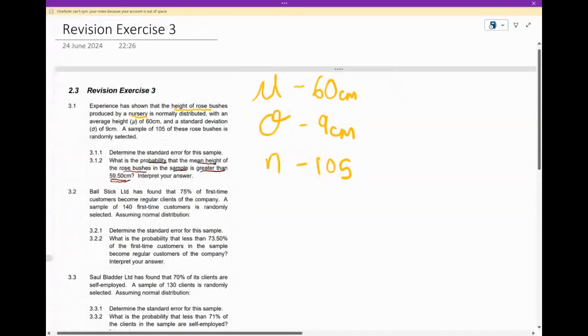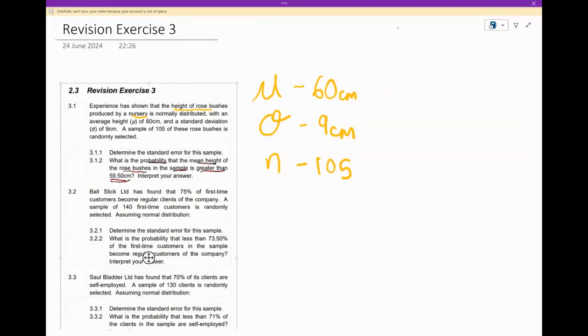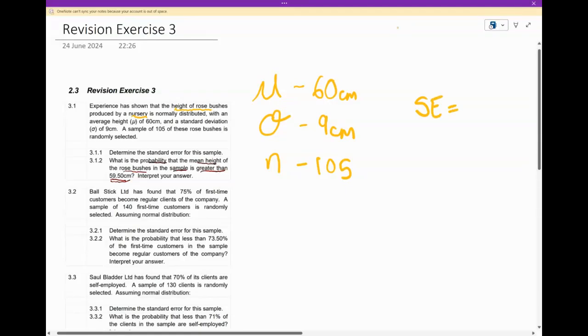So here we're looking for the standard error according to mean, which is SE equals the standard deviation divided by the square root of n. Can you see that? So yes, SE changes. That's what you're concerned about, isn't it?